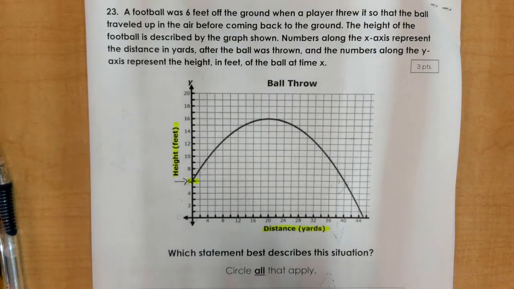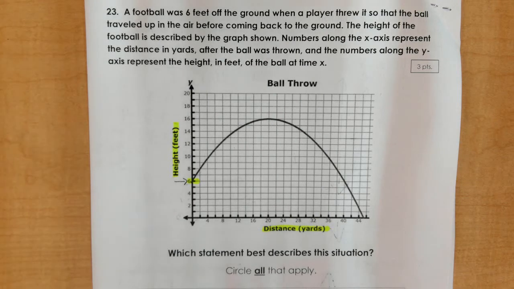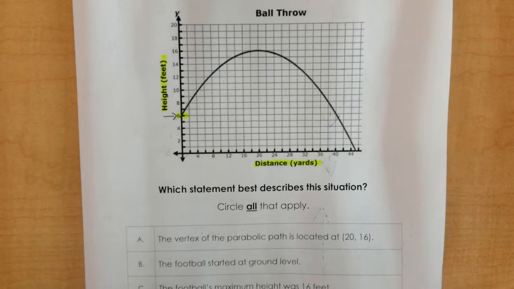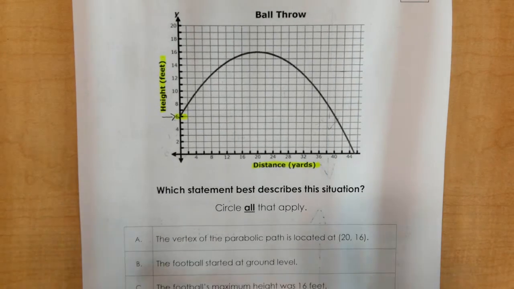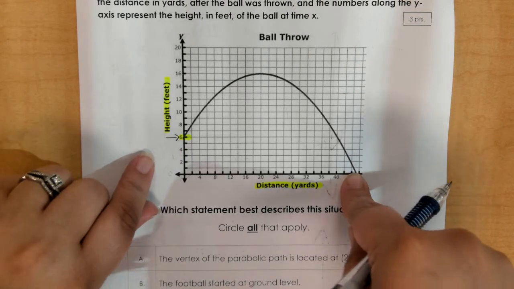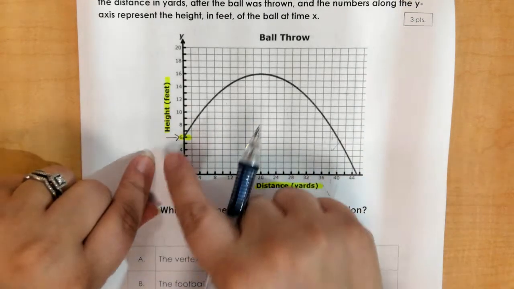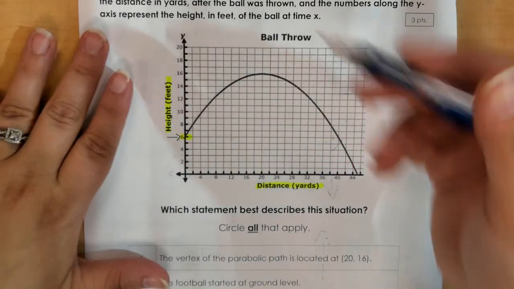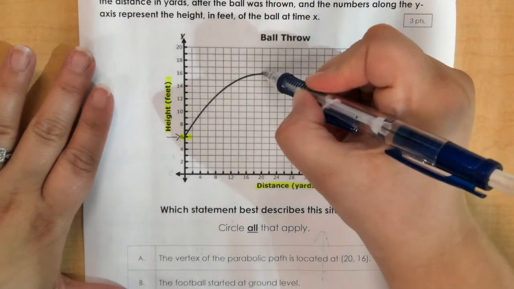All right, so now it says at the very bottom, which statement best describes the situation? So before I start reading this, usually they ask about the starting point, the landing point or the ending point, and where is the vertex of the parabola, which is like your highest point. So my highest point is right here.